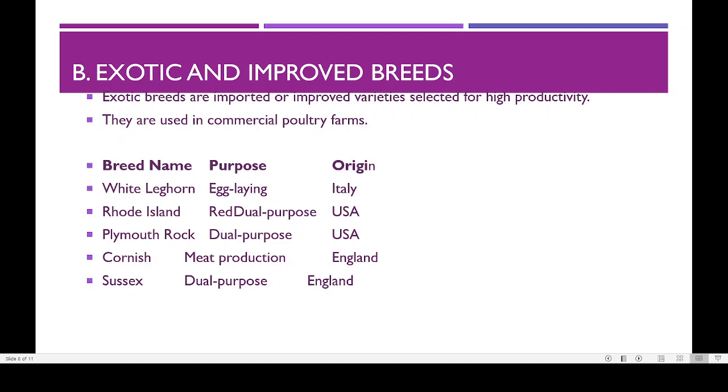We have seen that backyard poultry rearing is where we are growing chicken in our own house at a limited level. But if you are doing the same thing at a larger level, we call it commercial poultry farm. You might have heard about a type of chicken available in Kerala called Subuna chicken.